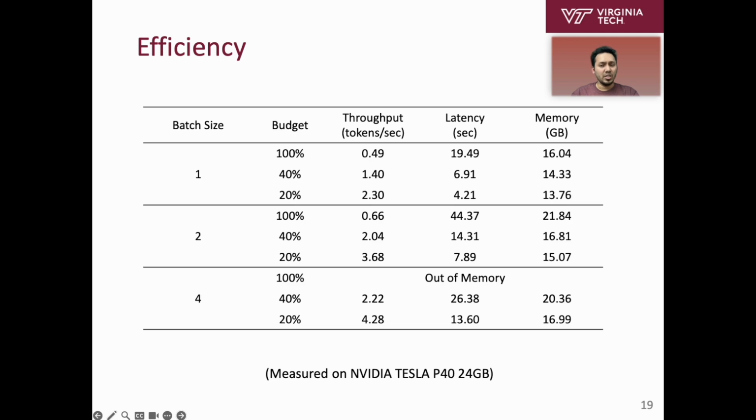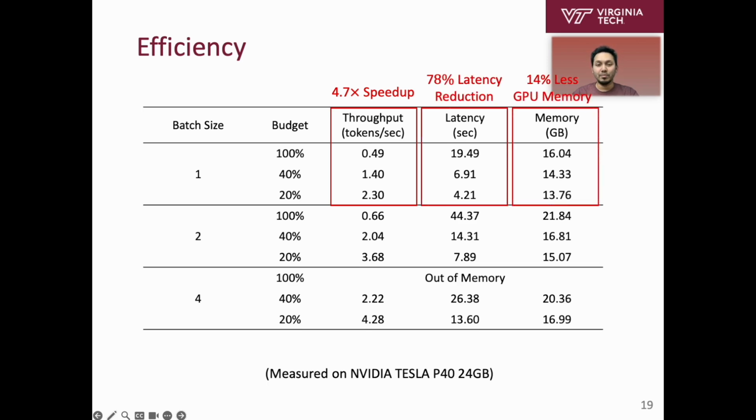While token dropping generally improves efficiency, a poorly implemented approach can introduce overhead. However, our design is lightweight and delivers significant efficiency gains. For instance, with a batch size of 1 and a 20% token budget, our method achieves 4.7 times speedup in throughput, 78% reduction in latency, and 14% reduction in GPU memory.